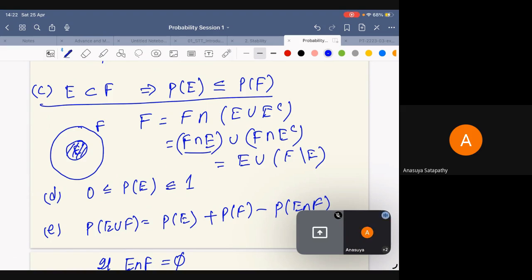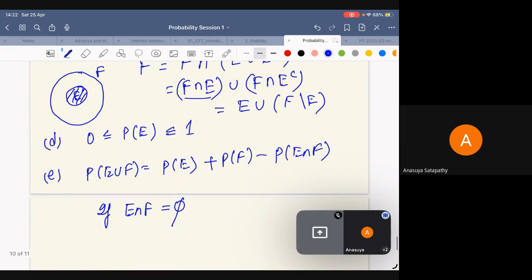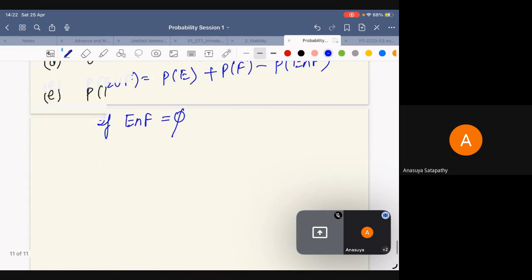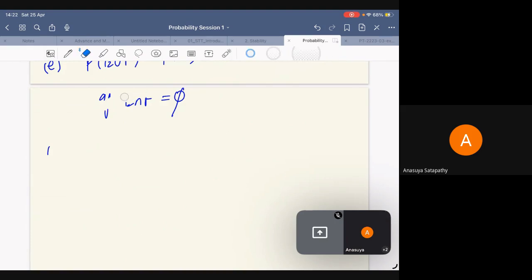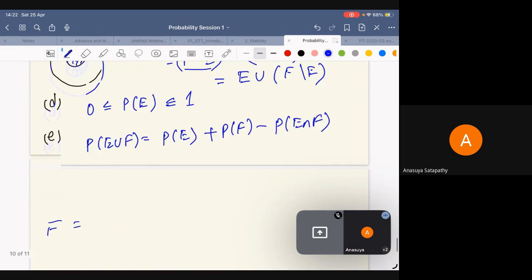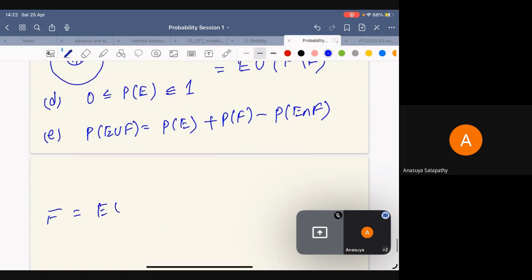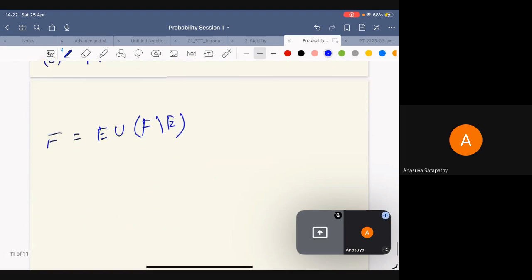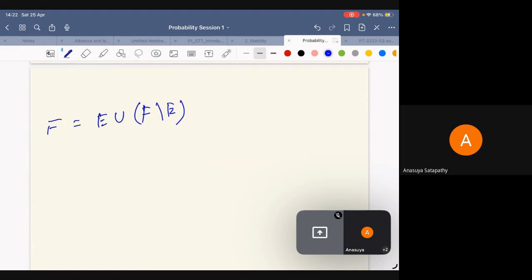So now, from this, how will you prove this one? We got F equal to E union (F given E). So E intersection (F given E), what will be the outcome of this?